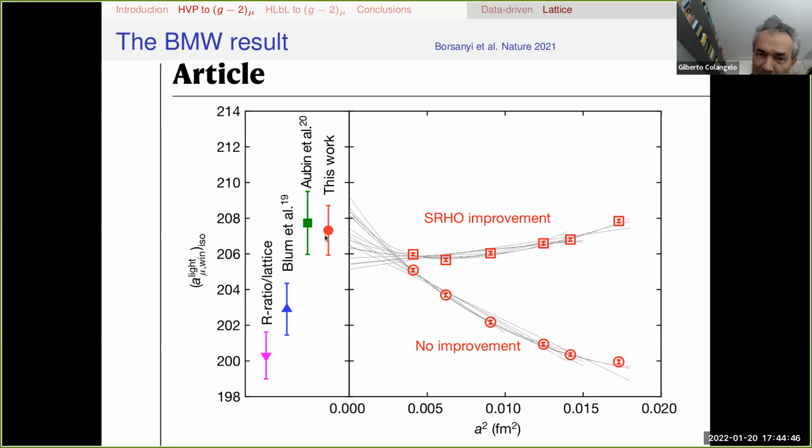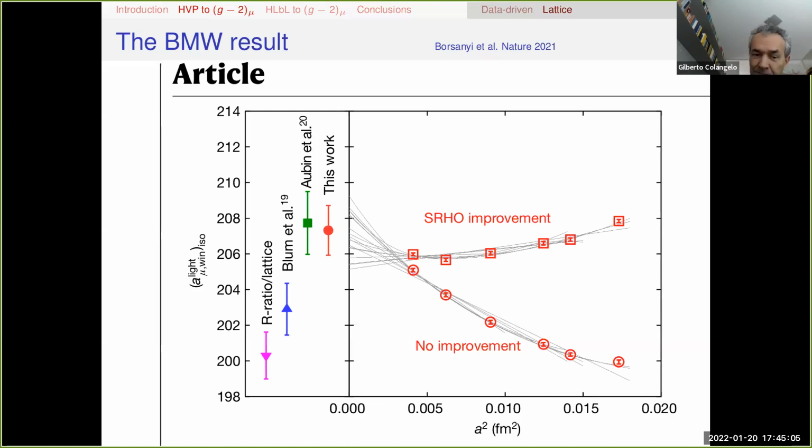And the problem which this plot shows is that the BMW result agrees well with another lattice calculation of similar precision for this quantity, but disagrees with a third lattice calculation of this quantity, which also has a similar precision.